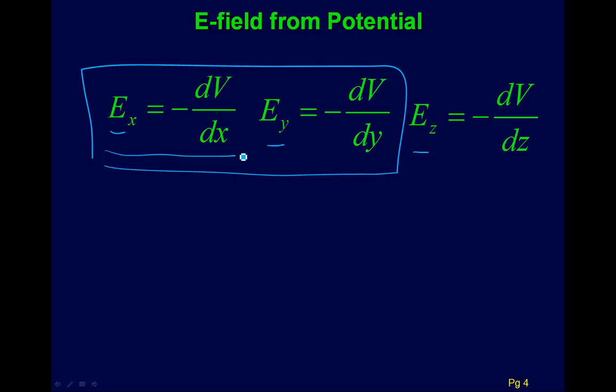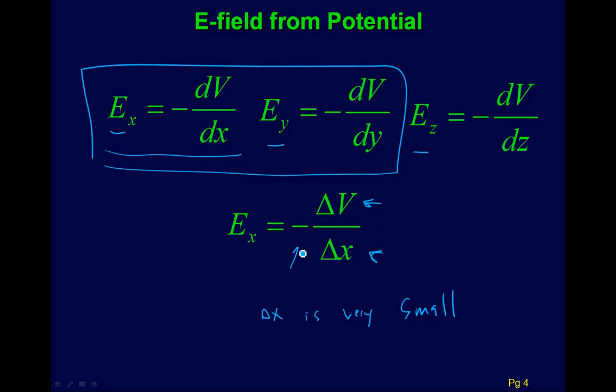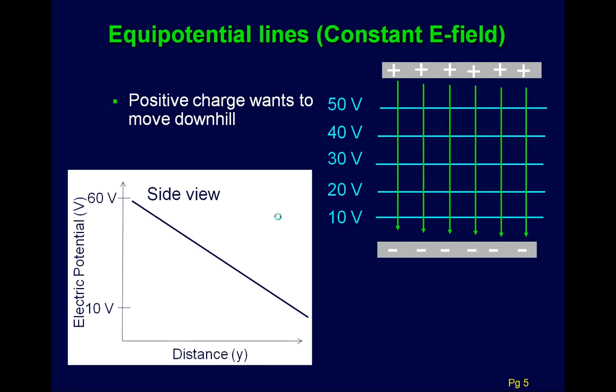This is an equation that we can use to see better this relationship between the field and the potential. Sometimes, if your delta x is very small, you can approximate this derivative as just negative delta V over delta x. Again, that's an approximation, but it can be handy to understand some of this stuff conceptually.